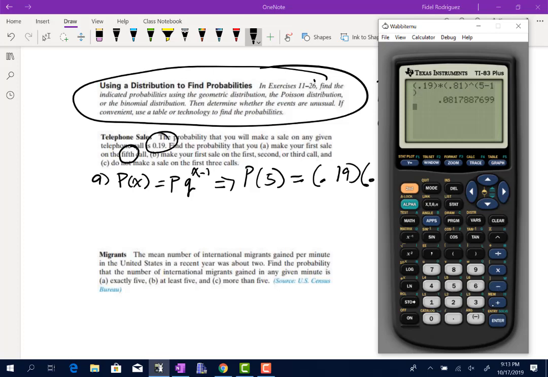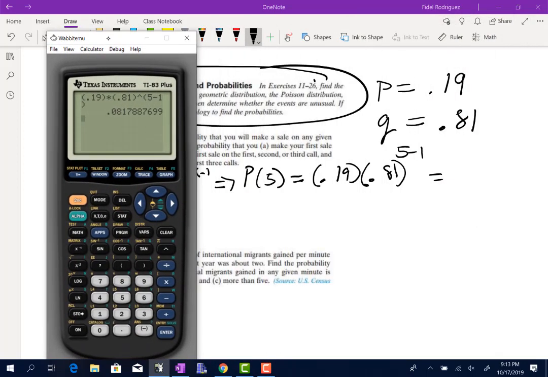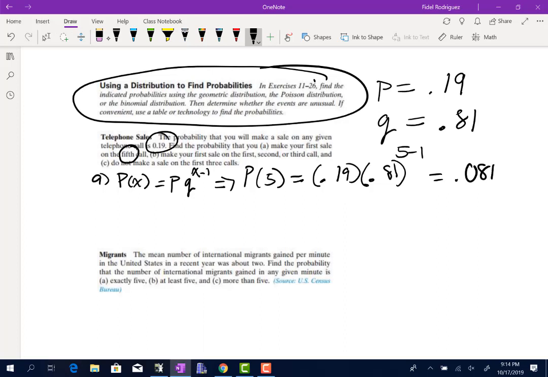Close that off, enter. Okay, so guys, the probability that we're going to make our first sale on the 5th call, I'm sorry, is, if I go to 4 decimal places, 0.0818. There we go.